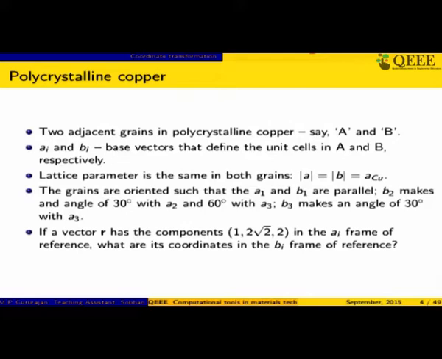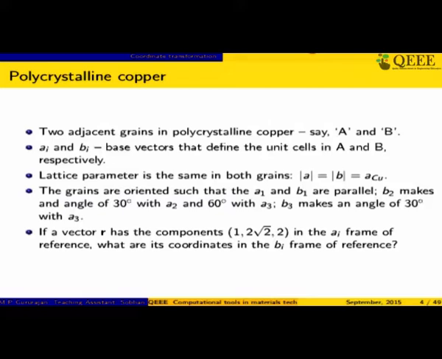If one is aligned with, say, its 100 direction along the x-axis of the laboratory frame of reference, the other might be aligned with, say, the 1, 2, 3 direction along the x-axis, or both might have some arbitrary HKL or UVW aligned with the x-axis of the external frame of reference. But the lattice parameter is not going to change because it is the same material. It is crystals of the same material, only their geometry, their three-dimensional orientation, is different.